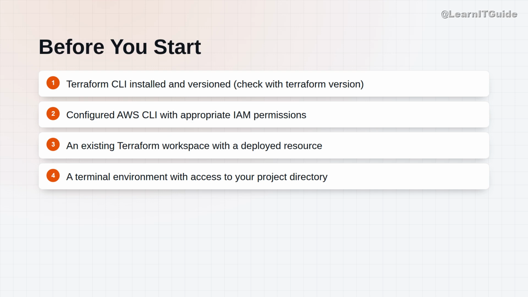Think of this as your digital identity on AWS. Finally, ensure you have an existing project directory containing a state file, as that is how Terraform tracks what is currently deployed. If you have not set up your AWS credentials yet, run aws configure and verify your access by listing your identity with the aws sts get-caller-identity command.